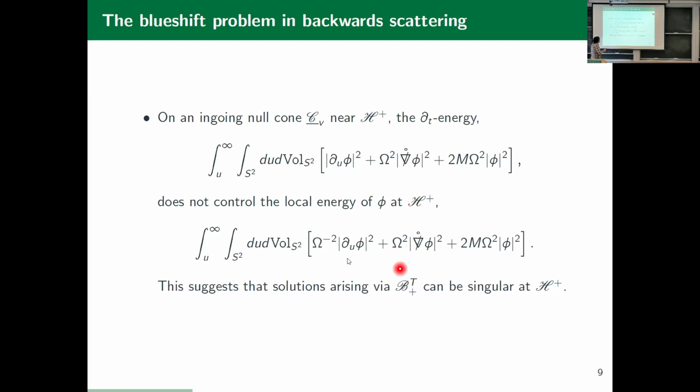But the local energy is measured in terms of the integral of omega minus 2 du phi squared in the measure du d vol s2. So having this as a finite energy does not allow us to control this local energy. So what that means is that solutions arising via b plus t can be singular at h plus.